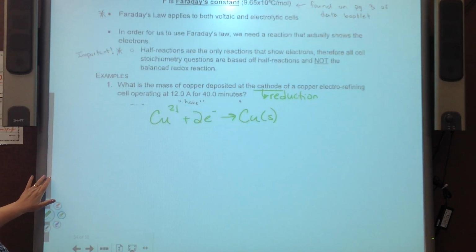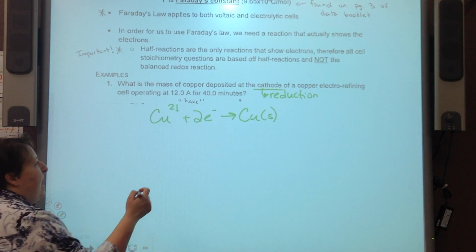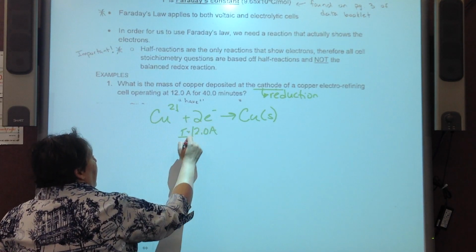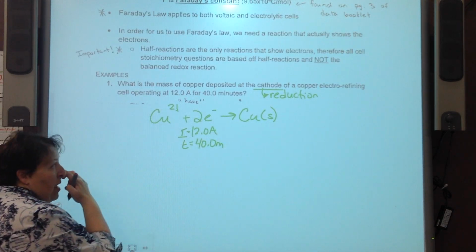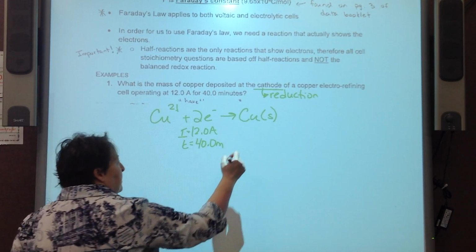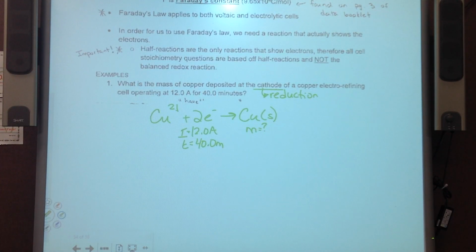So now that I have this, my information that I have 2 electrons, I have the current, I have the time, and I am looking for what is the mass of copper deposited. So I'm looking for this. Set up the exact same way we do any other stoichiometry question.